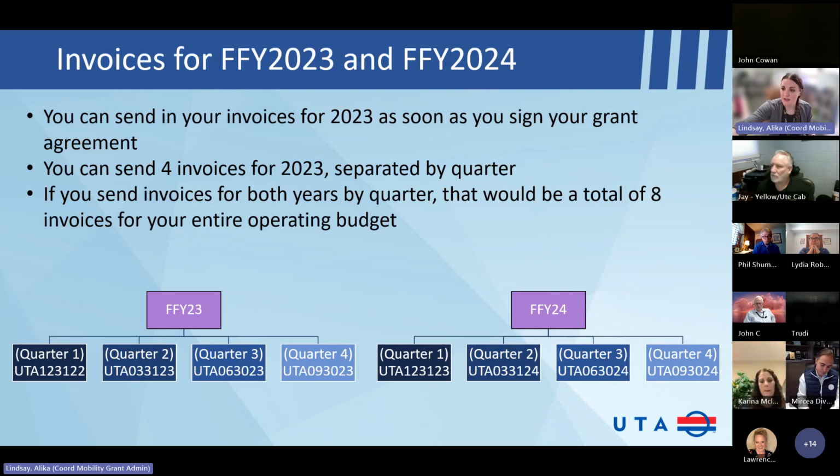So you can see in FFY 2023, I would have 4 invoices, 1 for each quarter. And as soon as I sign my grant agreement, I can go ahead and submit those in Zoom grants for reimbursement. And then in 2024, I would also have 4 quarters of invoices, okay? So that's what they would look like. I would have a total of 8 invoices for the entire grant, 1 for each quarter.